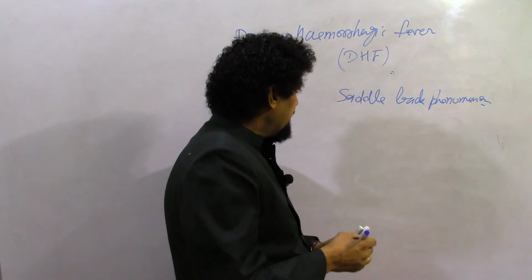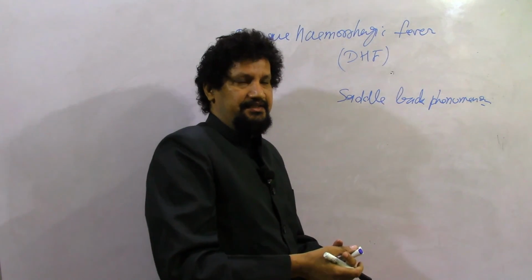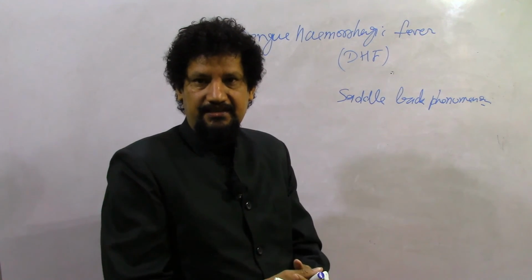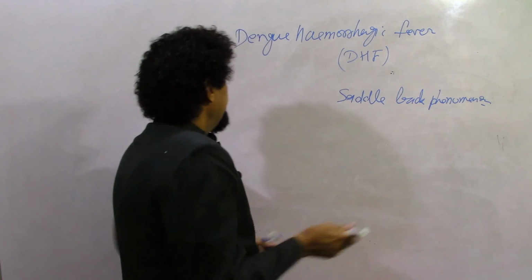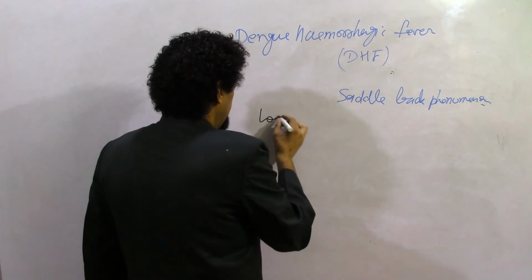So after saddleback phenomena, especially in children, especially in female children, there is loss of blood.